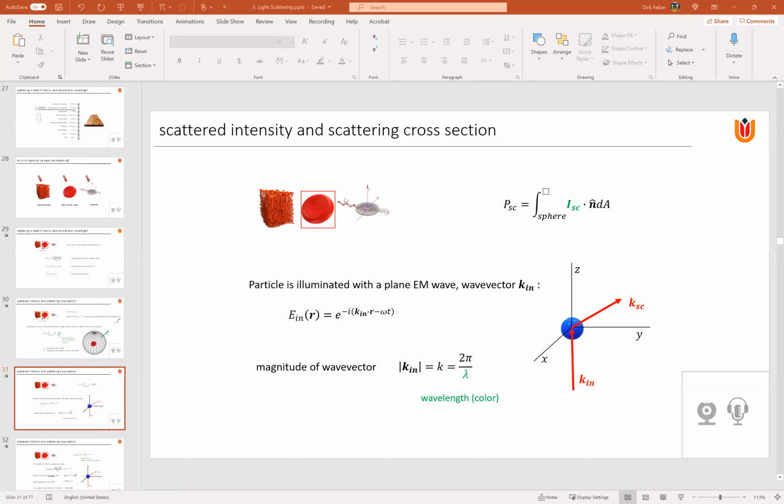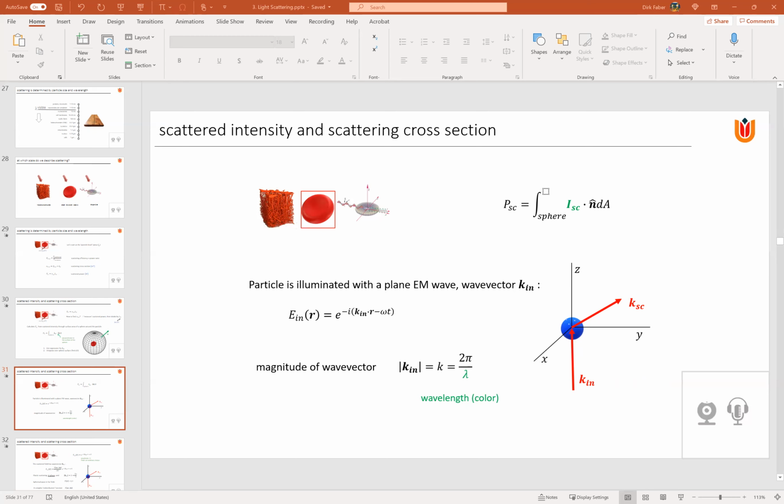So here on top is the equation that we aim to solve, and in green the scattered intensity is the quantity that we would like to calculate. Just a brief look at the coordinate system, how this all plays out.